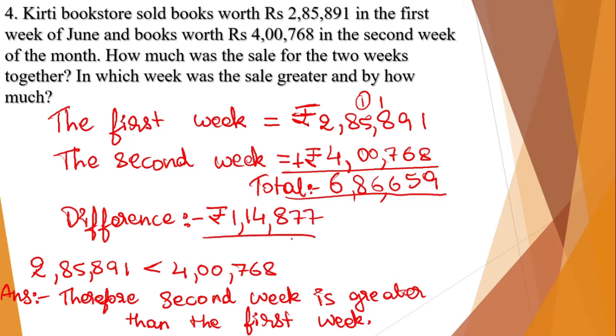So by this much rupees the second week is greater than the first week. So there is our difference and there is our total. And we said that the second week is greater than the first week. So this is the difference. Now this was the fourth question. Now let's see the next question.